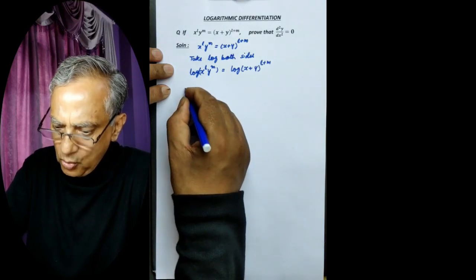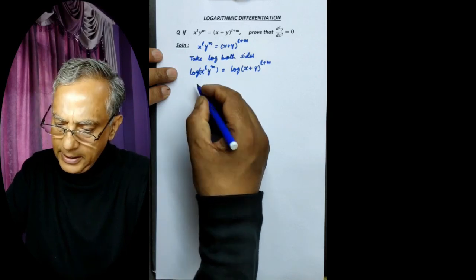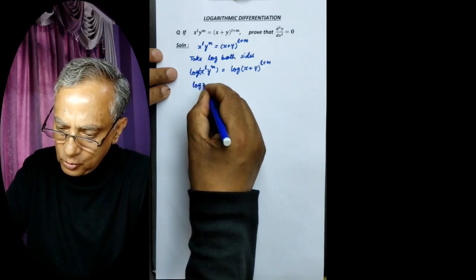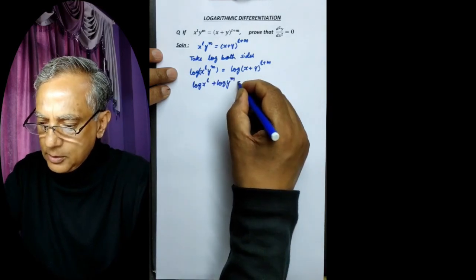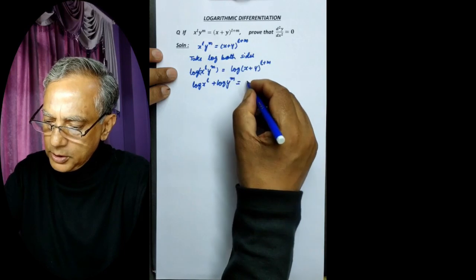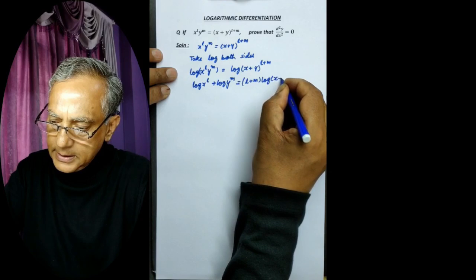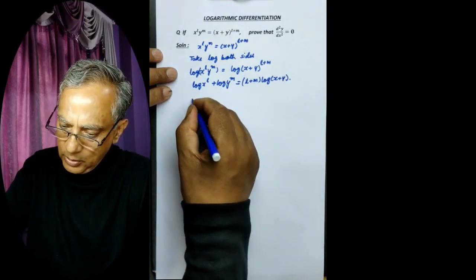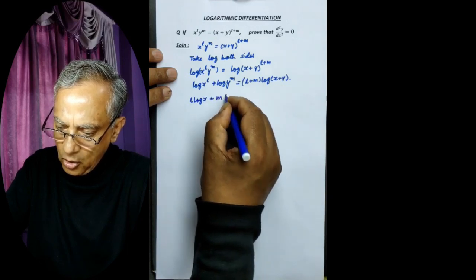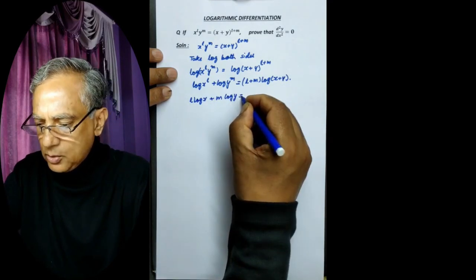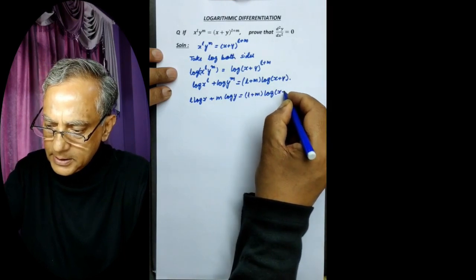So this will be log of x to the power of L plus log of y to the power of m, and using the power rule, this will be L log x plus m log y is equal to L plus m into log of x plus y.